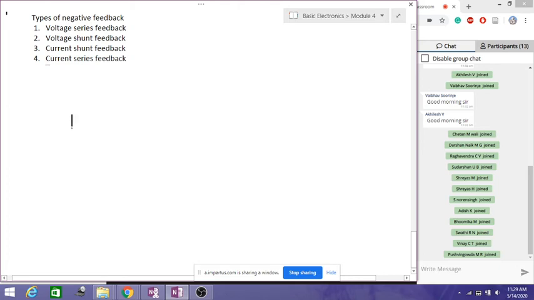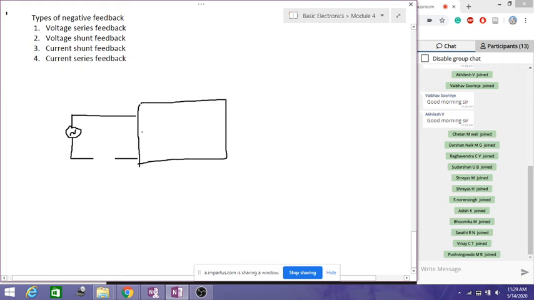In the voltage series feedback, if you see here, this is my input. Here I'm connecting the amplifier A, and this is the resistance RL.